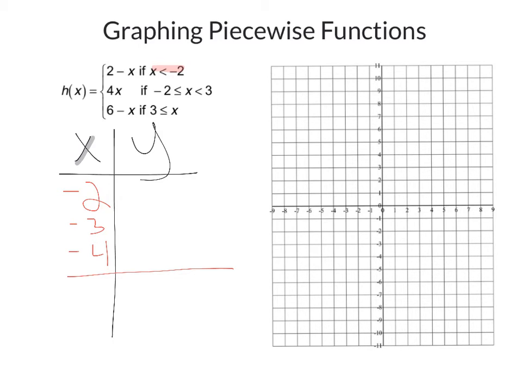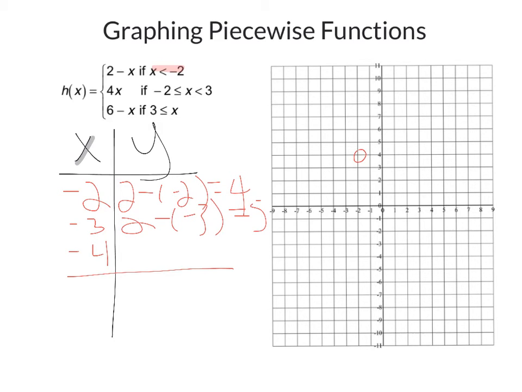If I plug -2 into my rule of 2 minus x, I have 2 minus -2, and 2 minus -2 is 4. So that means I'm going to graph the point (-2, 4) using an open dot. Then if I plug in -3 into my rule, I have 2 minus -3, or 5.